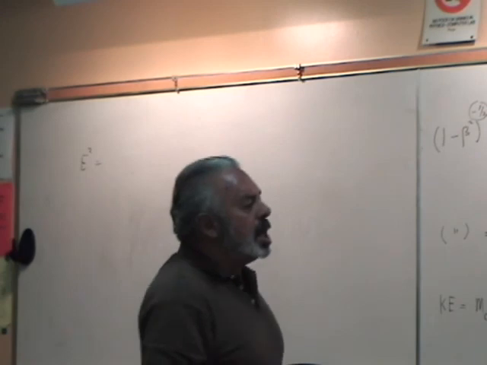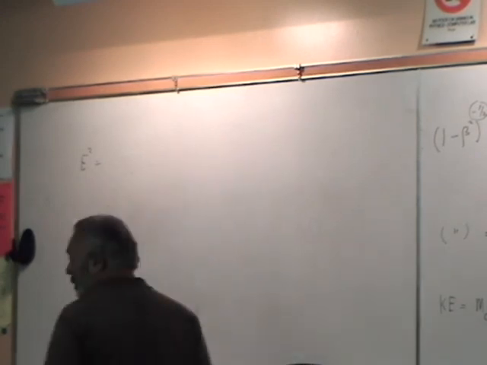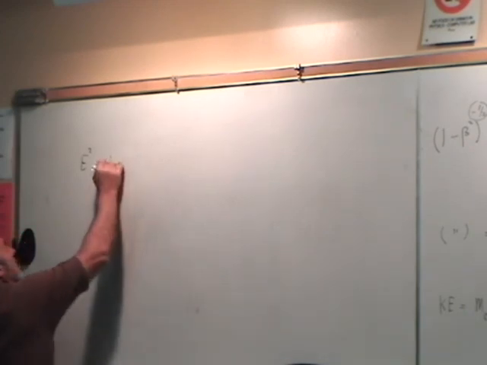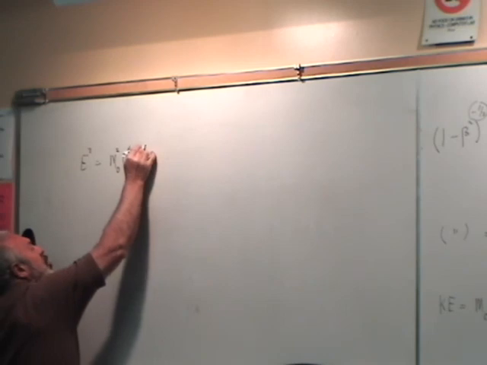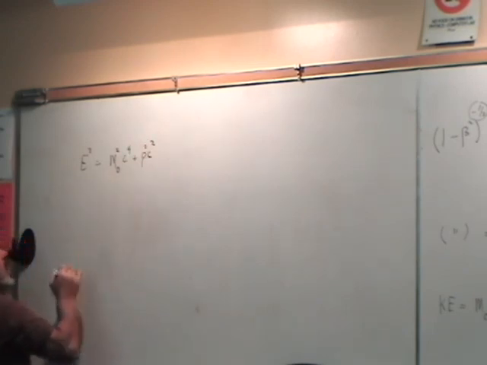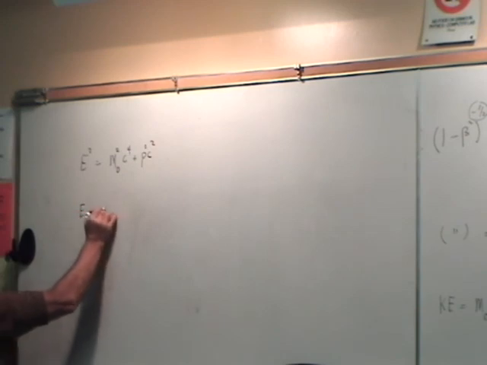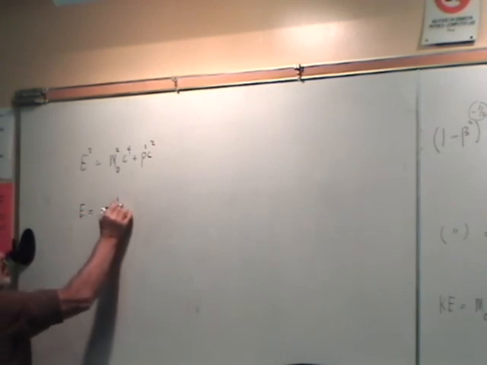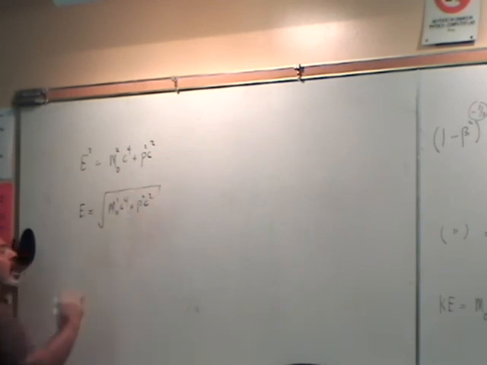E squared is m naught squared c to the fourth plus p squared c squared. There's the plus sign. Then take the square root on both sides. E equals the square root of m naught squared c to the fourth plus p squared c squared, under the square root like that.